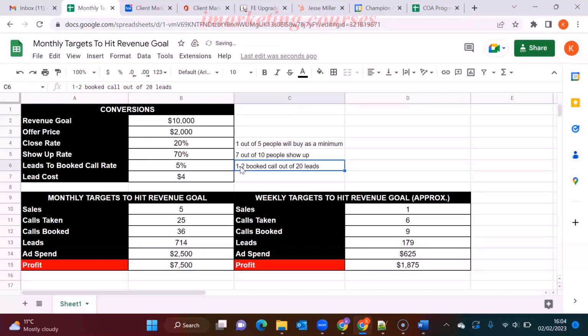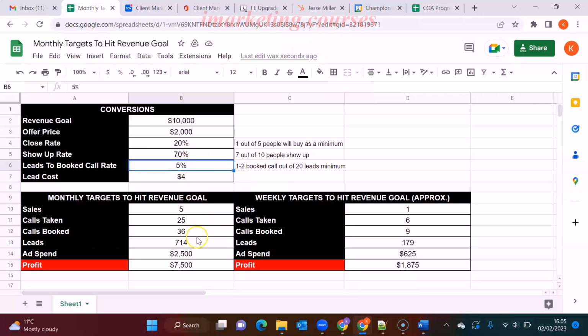Okay, so imagine that number. And again, this is 5% minimum, I would say, right? The minimum. If you're getting 2 book calls out of 20 leads, that's pretty good. But 1 out of 20 leads, that 5%, we definitely want to be trying to achieve that.